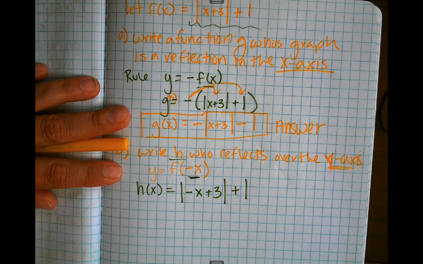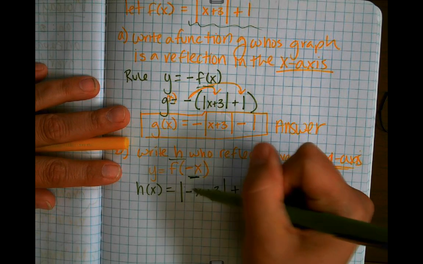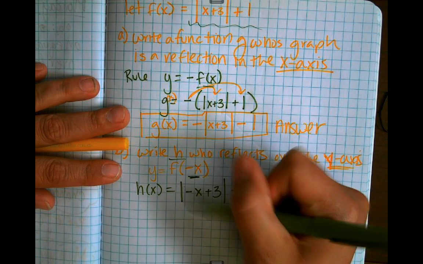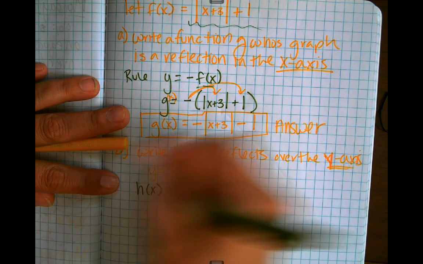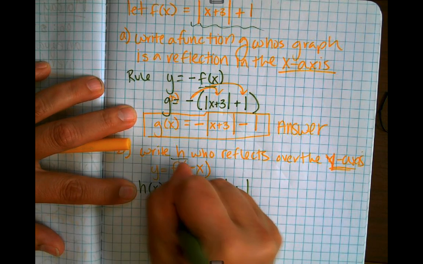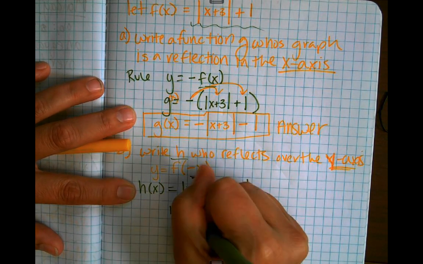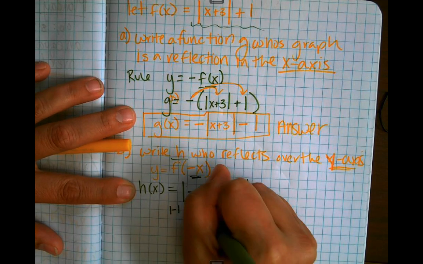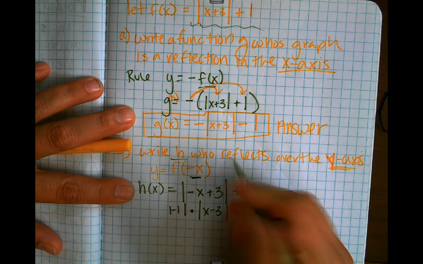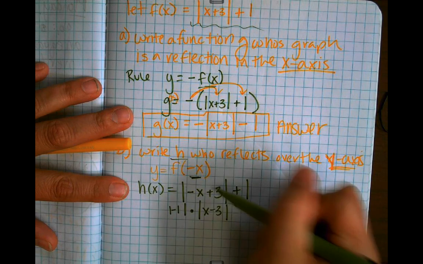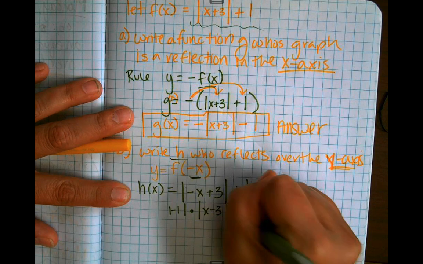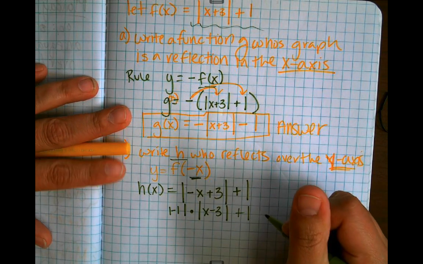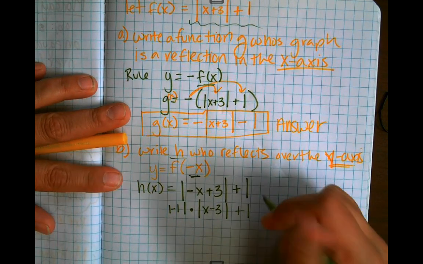Now, something that's interesting about absolute value functions is that we don't allow the variable to be negative. You always want it to be positive. So what we do is we factor out a negative 1. If we take out a negative 1 from each of these, the signs change. But there's what's called the product property of an absolute value.